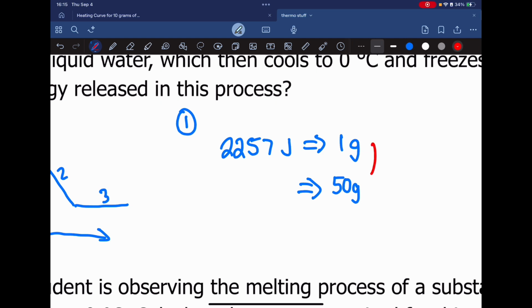So it's going to be obviously 50 times more energy than 2257. So I can just multiply those 2 numbers together and I'll get my answer. All right, so I got 112,850 joules of energy released for step 1.